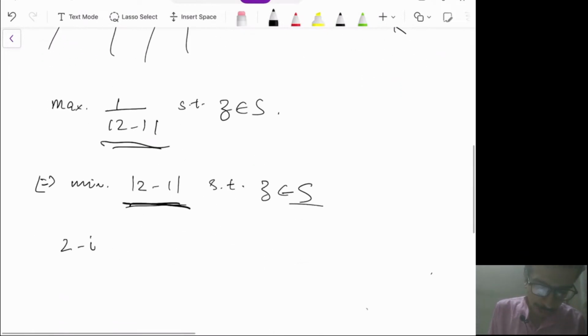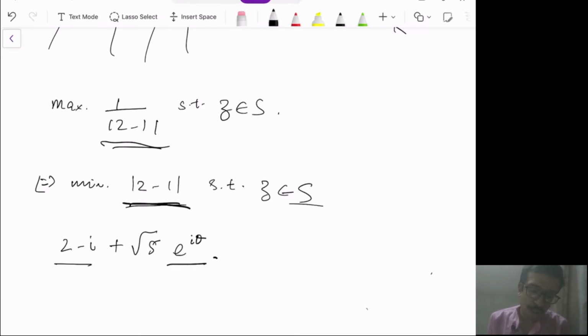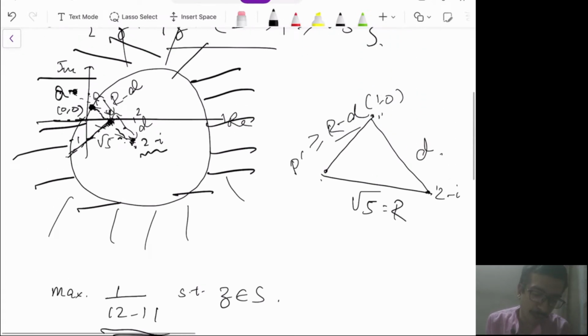So first of all, any point on the circle can be represented as 2 minus iota plus root 5 times e to the power iota theta, okay, where theta is the relative angle of the line joining 2 minus iota to p. Now the line joining 2 minus iota to p actually passes through 1 comma 0, and we can find the angle which this line makes with the x-axis.